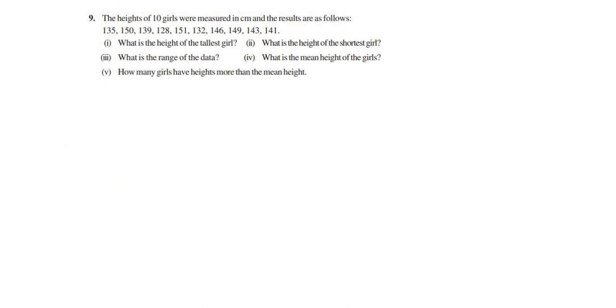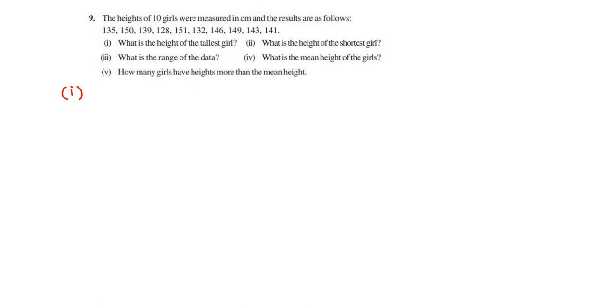Next, question number 9, the last question of this exercise. The heights of 10 girls were measured in centimeter and their results are recorded here, and we need to write the answers for 5 questions in this. Its first part is what is the height of the tallest girl.